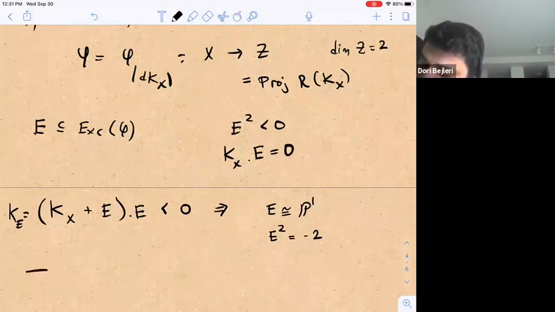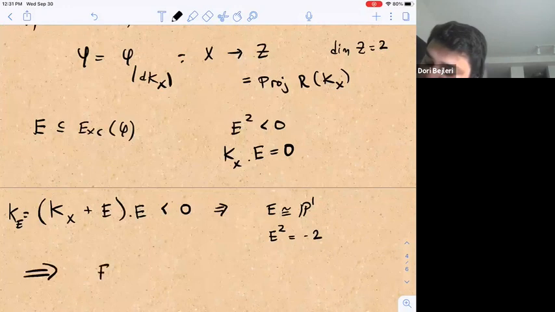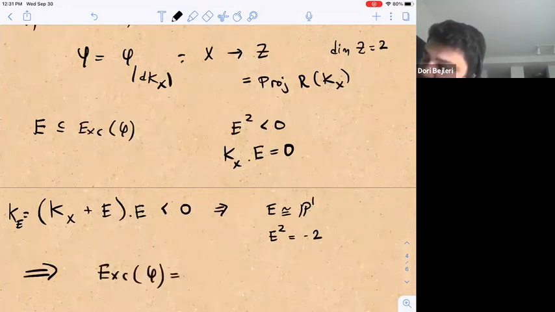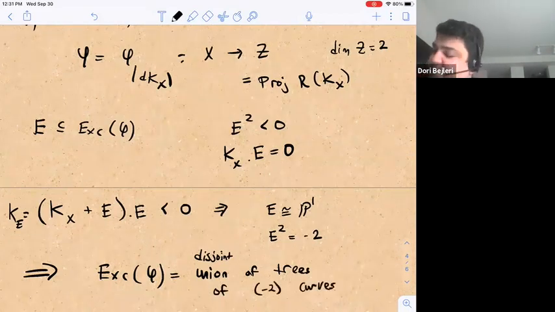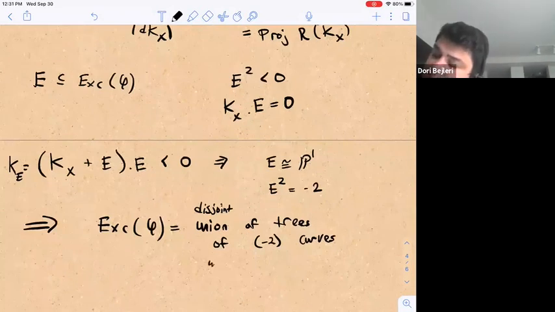So that tells us that the exceptional locus of phi is some disjoint union of trees of minus 2 curves with negative definite intersection matrix.